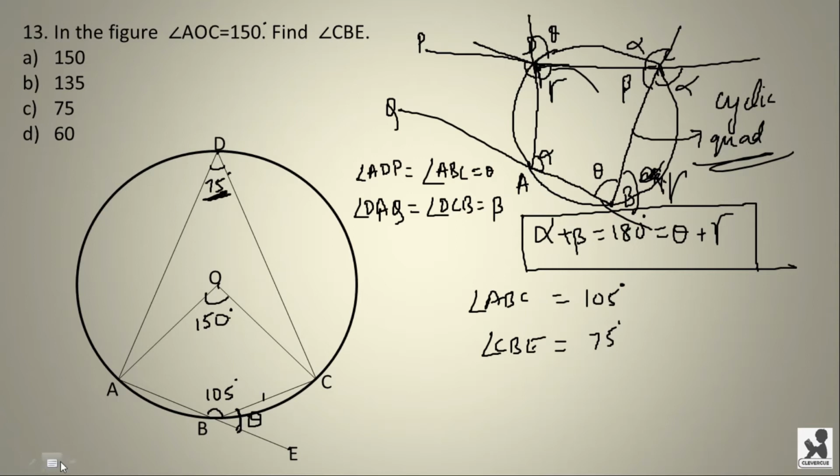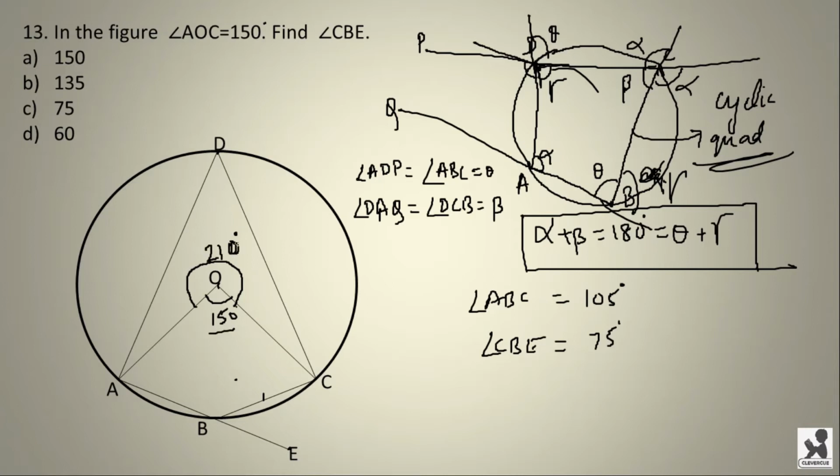There is another method. All this is not necessary. We can also see that the angle AOC is 150 degrees, and the outer angle will be 360 minus 150 degrees, that is 210 degrees.